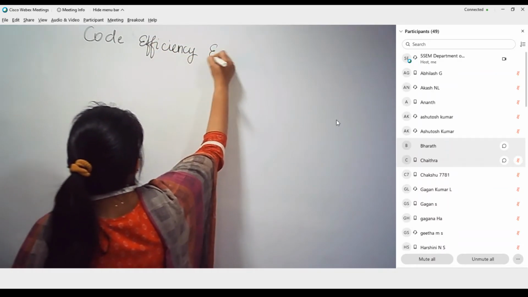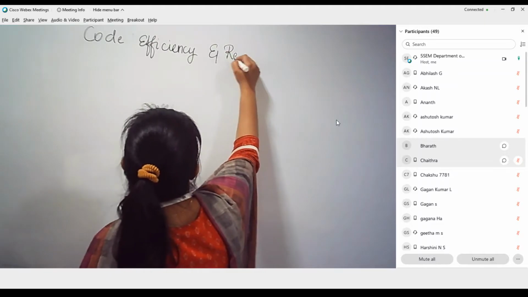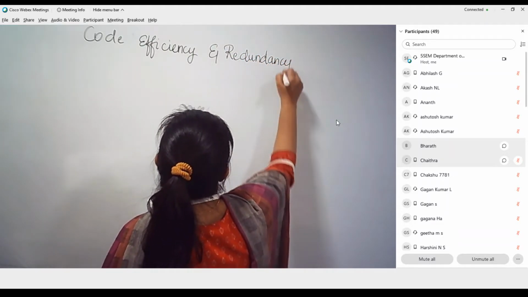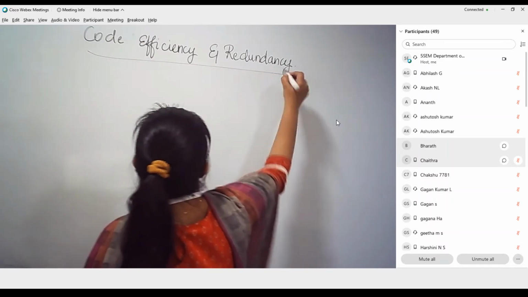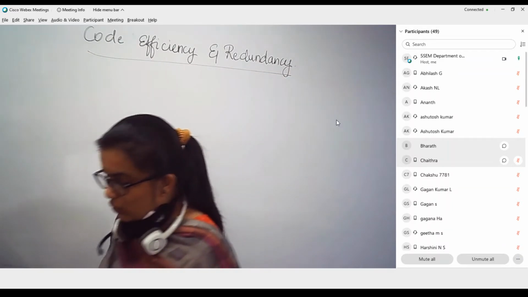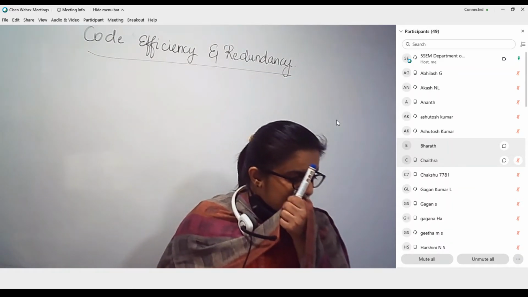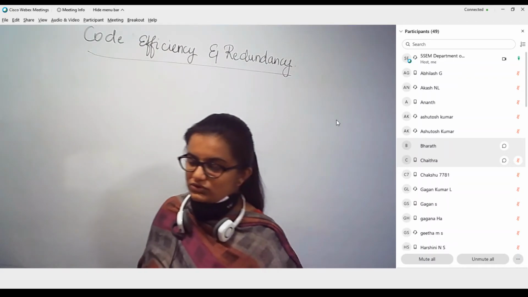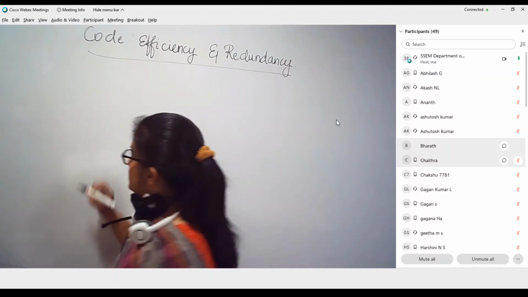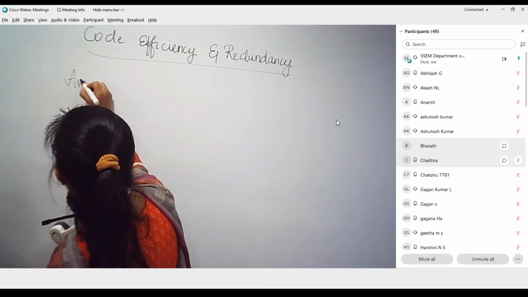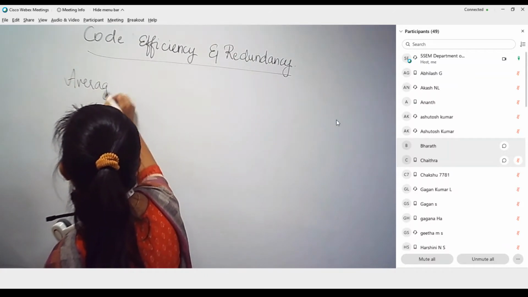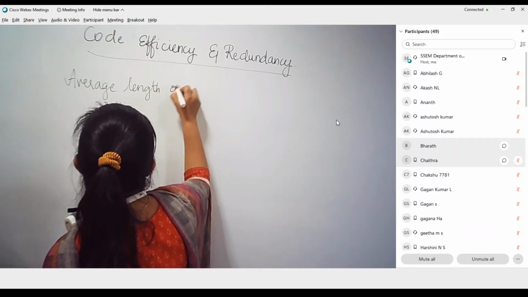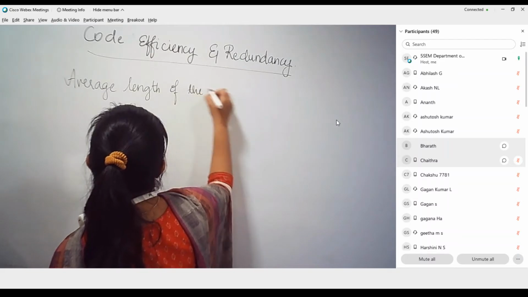Every code that you construct will have these parameters: one is code efficiency, the other one is code redundancy. Even before that, we need to understand one of the important parameters here, that is the average length of the code.